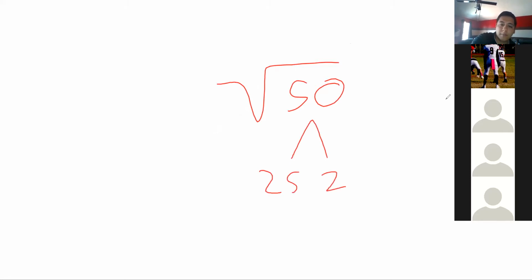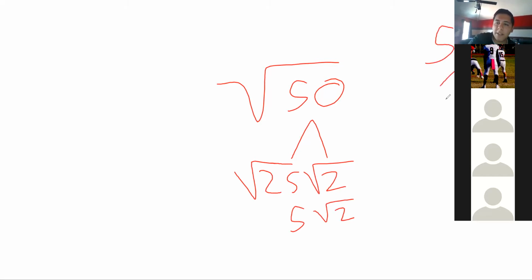So if we take the square root of 25, we get 5 square root of 2. What we want to do is just list out the factors if you're not sure, right? 1 and 50, 2 and 25, 5 and 10, right? And let's just pick out the one that has a perfect square.